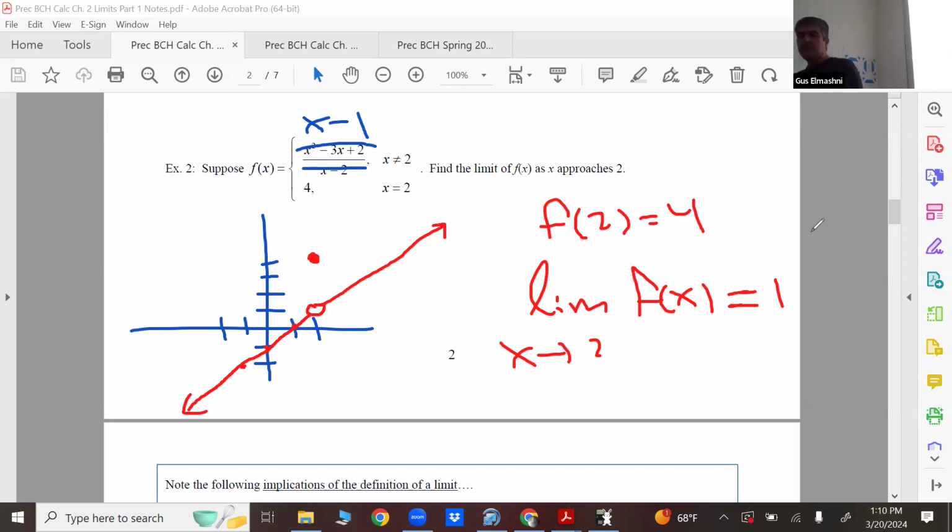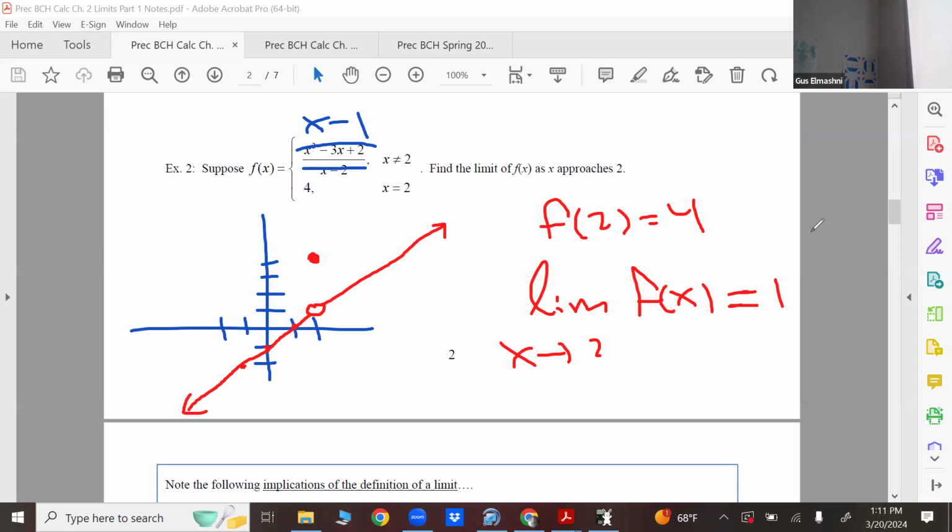Go ahead. So even let's say it didn't have the disassociated point, would that be continuous with the hole? Still not continuous. What happens there is that you write the piecewise function, and your domain's not all real numbers. When we start talking about continuity, you need to make sure, if you're looking at calling it c, we use the letter c a lot in this class, like when x equals c.